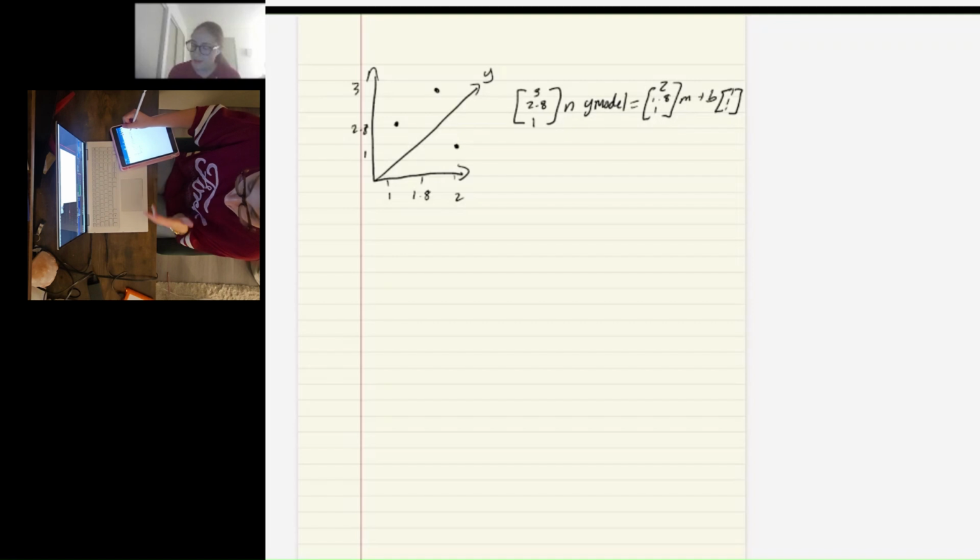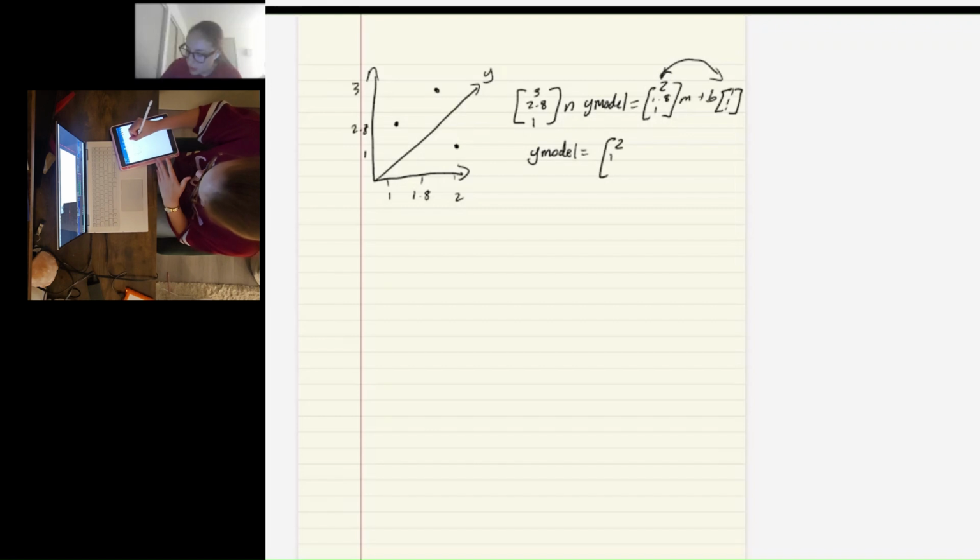So after we have this, we can see that for y model, we can combine these two base vectors, so we get 2, 1.8, 1, 1, 1, 1, and then we're going to combine the coefficients as well.